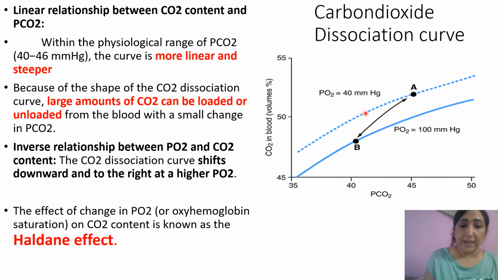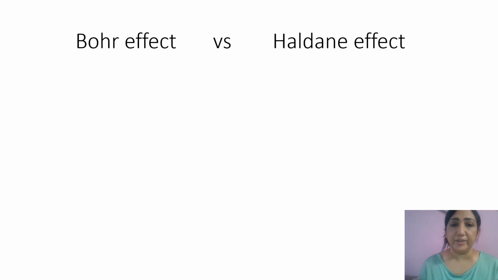So this effect, the exchange of PO2, the oxyhemoglobin saturation affecting the content of carbon dioxide, is known as the Haldane effect, which happens at the lung level. We have to be clear about the difference between the Bohr effect and the Haldane effect. The Bohr effect is at the tissue level.